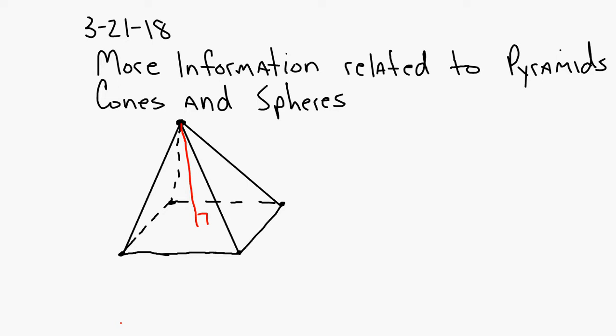Now, this dimension right here, from the top of the pyramid to the middle of a side, right down the face, that is called slant height. And it comes down the middle of a face and it intersects the base at 90 degrees here.